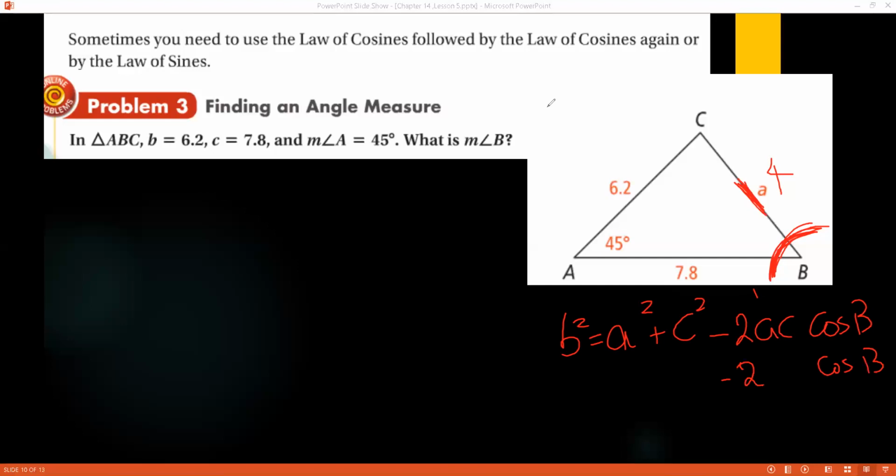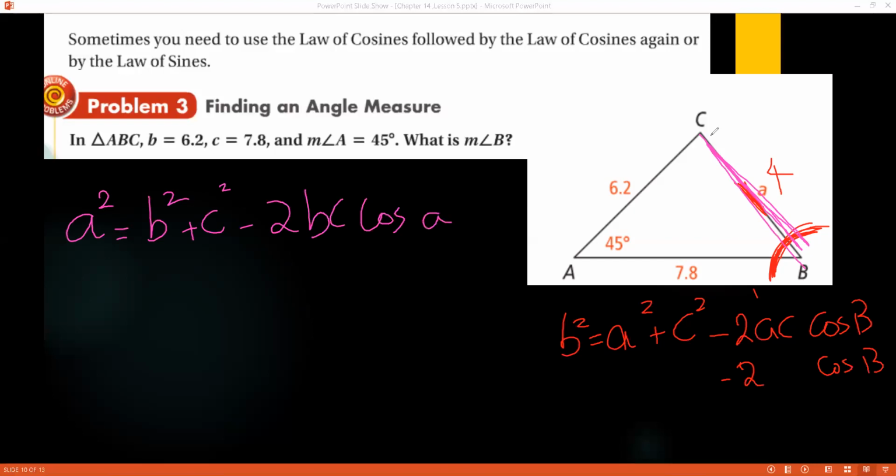So I need now to find A. In order to find A, I have to use the law of cosine. A squared will be B squared plus C squared minus 2BC cosine A.